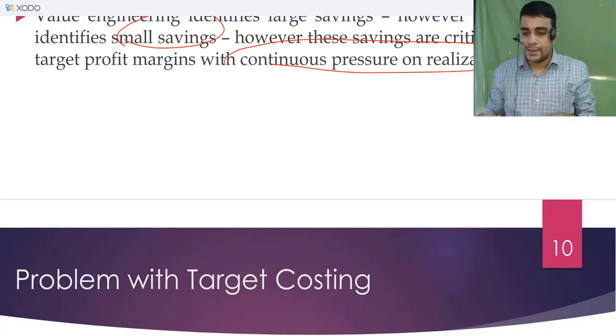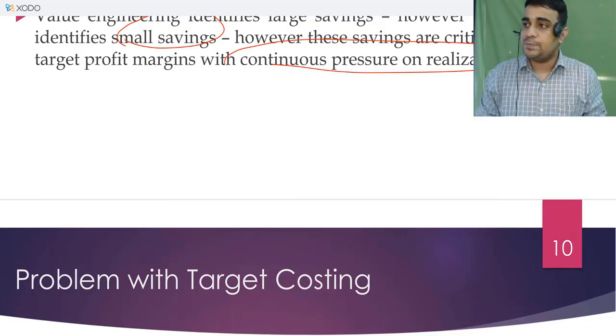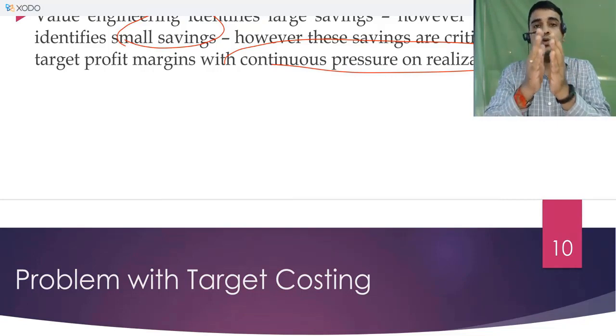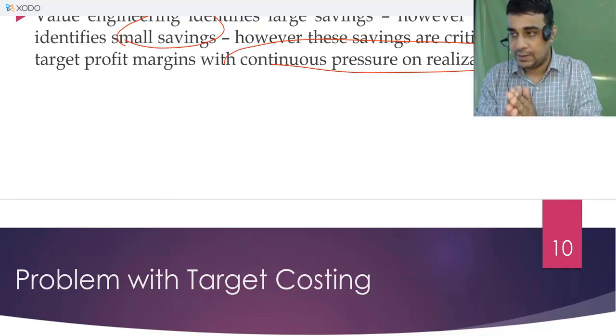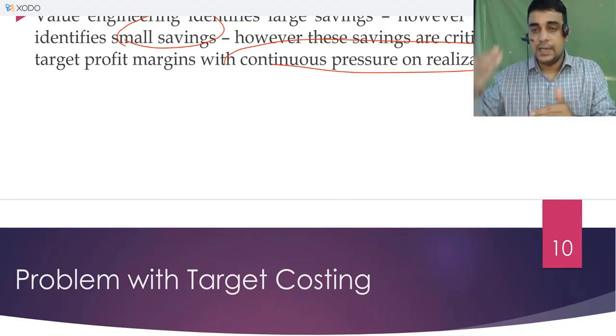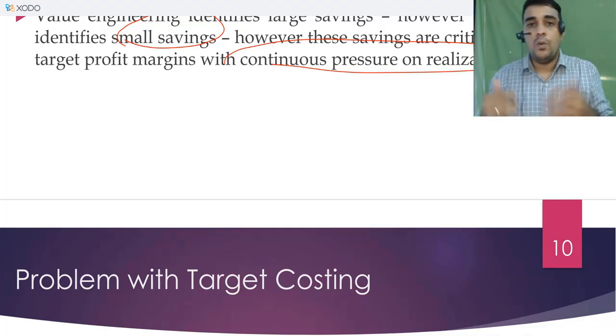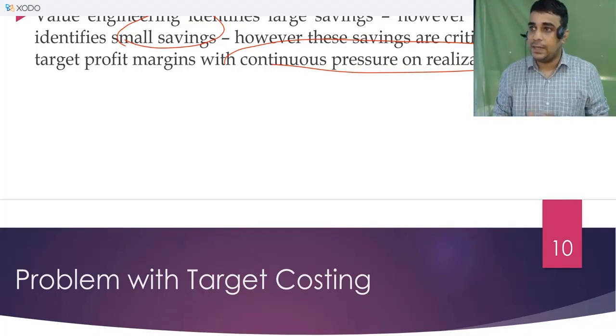Also, many times there's something called proportionate cost reduction which organizations do. What is proportionate cost reduction? You did a cost analysis. You said the initial cost is 100 rupees. You split this into process 1, process 2, process 3, process 4, process 5, process 6. This 100 has to be brought down to 80. One approach is the organization says everyone reduce 20%.